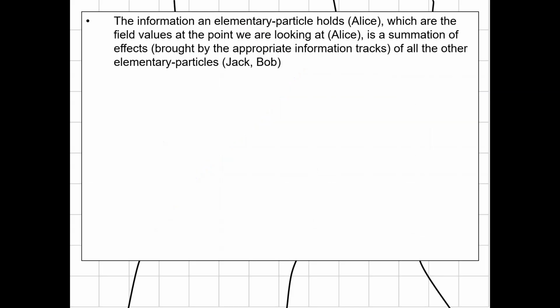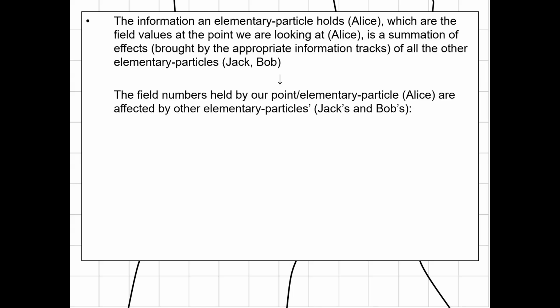So the information an elementary particle holds, which are the field values at the point we are looking at, in our case Alice, is a summation of effects of all the other elementary particles, in our case Jack and Bob.